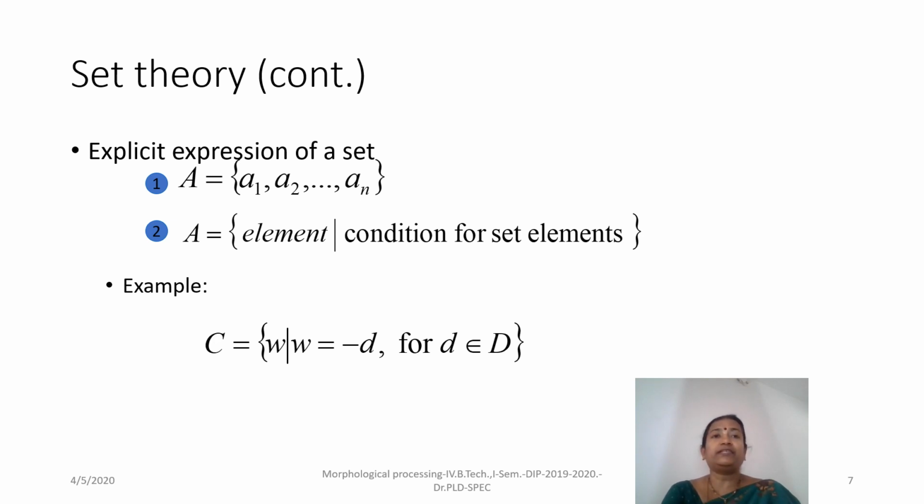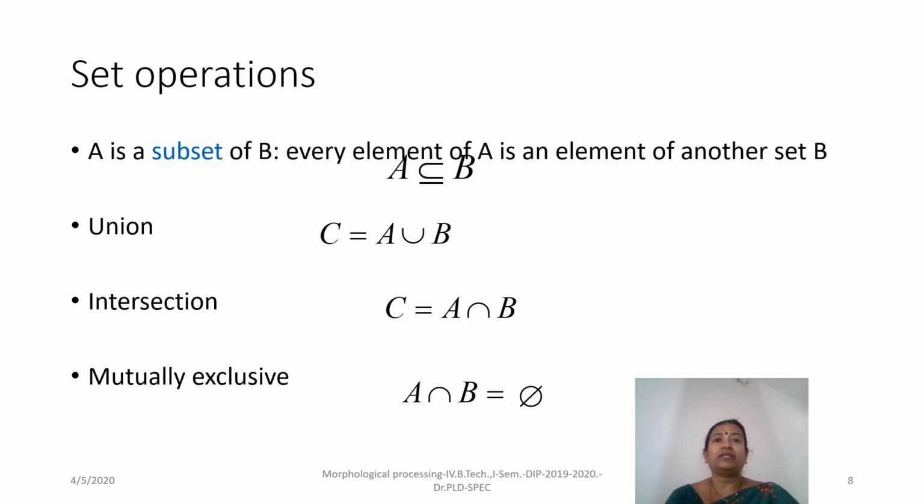Example: C equals {w | w = -d, for d belonging to D}. That is, the elements w in the particular set equal minus d, where d belongs to the overall defining area of capital D. That's the representation as a mathematical equation.